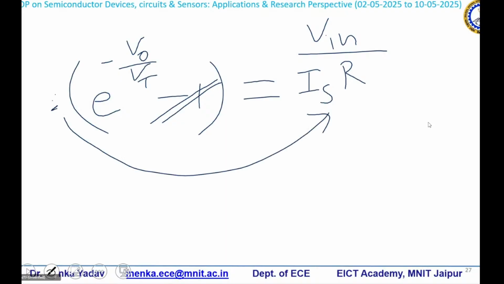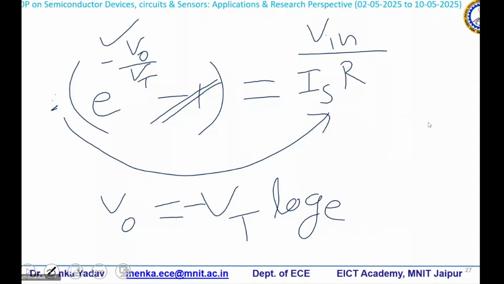Now if you take the natural log, you get VO is equal to minus Vt, this minus sign is all together, into natural log of V in upon Is into R. So this Is into R is actually the DC level, right?